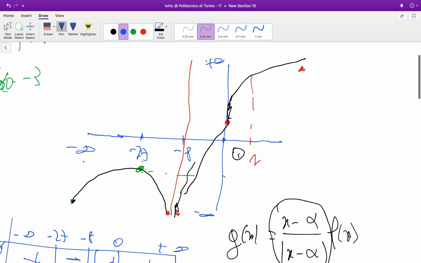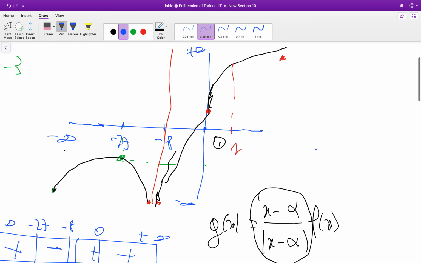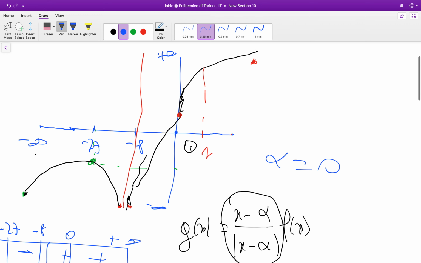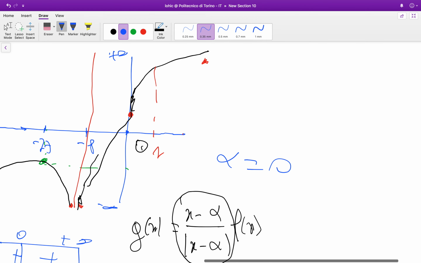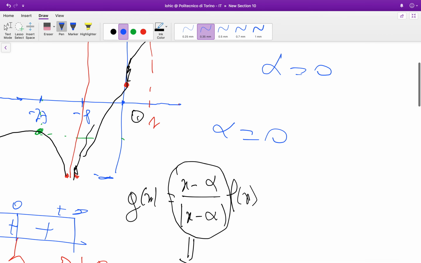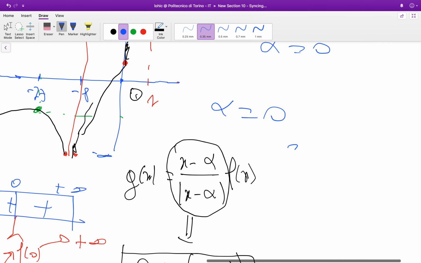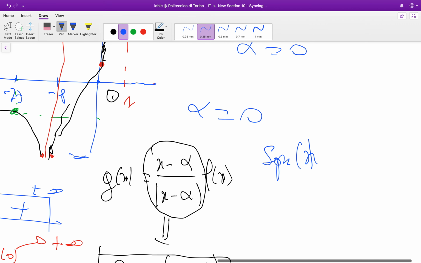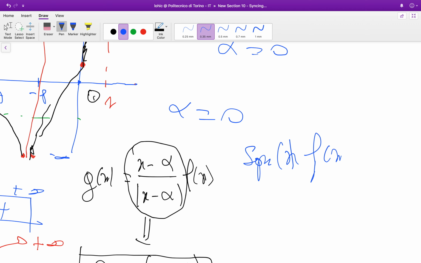But imagine if we did it at alpha equal to 0. It means that we are doing sine of x minus alpha, multiplied by f of x.